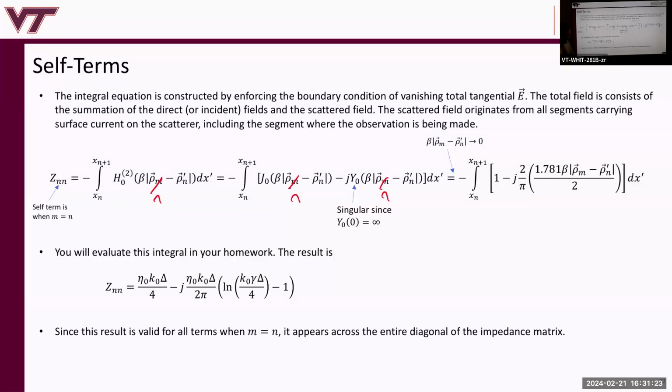So first off, I want to go back to something that Mikhail said last lecture. He was talking about the uncertainty in the Hankel function as it blows up, as it becomes singular. I didn't really understand what he was saying, but now I think I do. If this argument goes to 0, you think you can just evaluate this Hankel function on the computer by typing besselh in MATLAB.